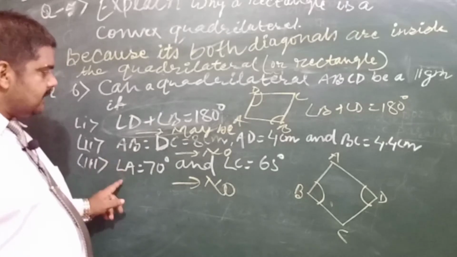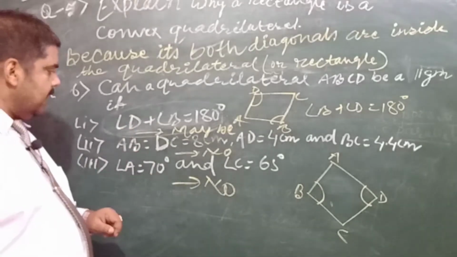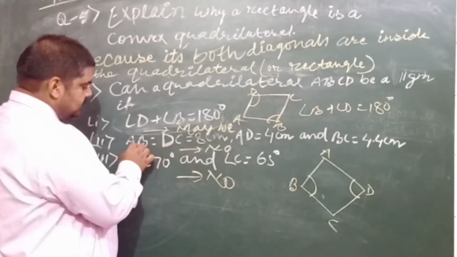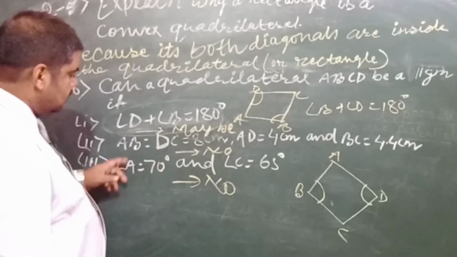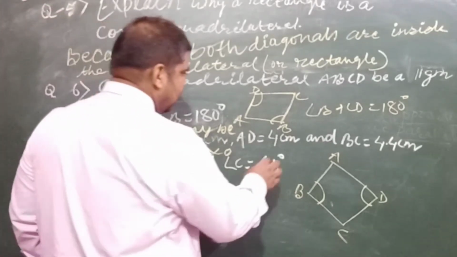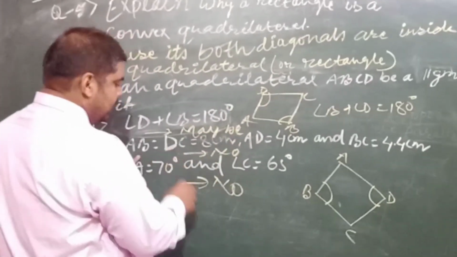In the second and third, there are no chances to be a parallelogram. You just check what has been given: AB is equal to DC, meaning 8 centimeters. Suppose that it is a parallelogram, ABCD.